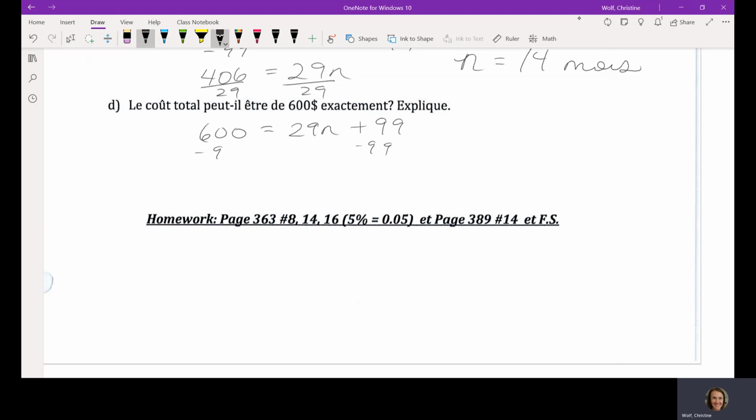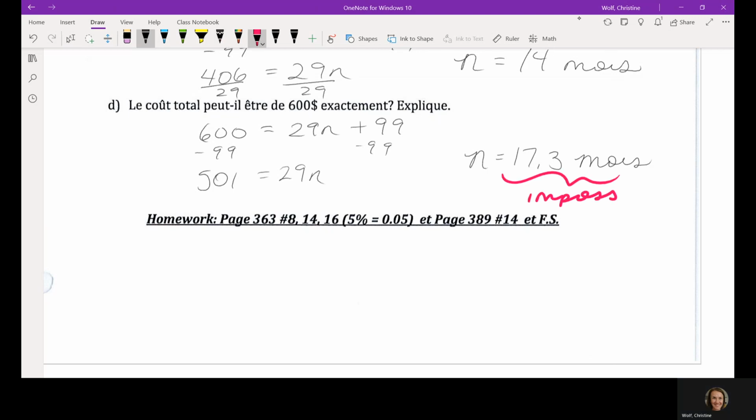Je soustrais 99 à chaque côté et je reçois 501. So we have to see, can 501 be divided by 29? Non, c'est une décimale. So je reçois que N égale 17.3 mois. You have to pay for a month in full. So impossible.